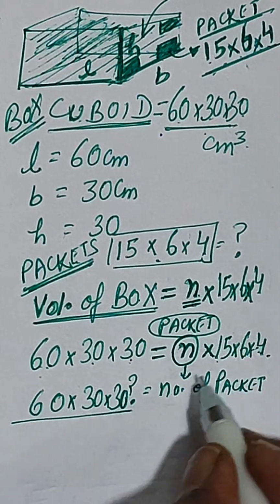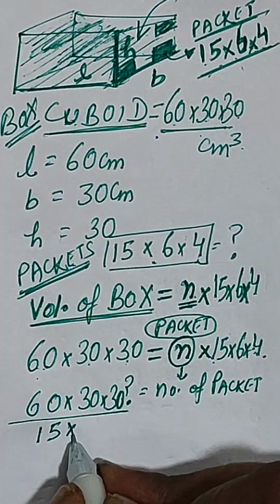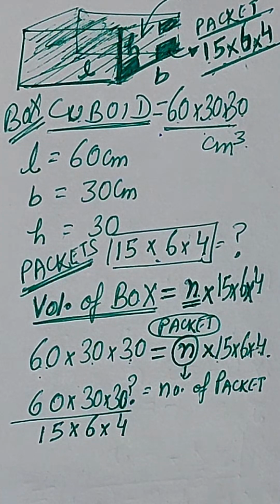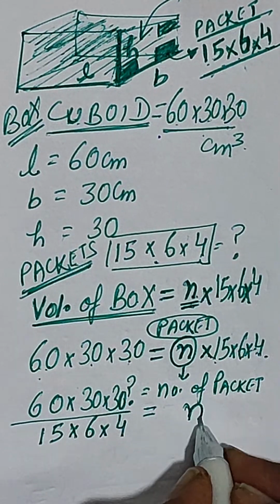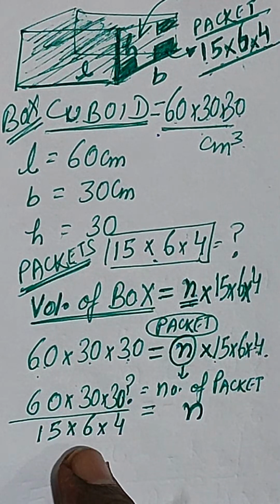This is coming from the RHS to the denominator of the LHS. And this will give you the number of packets, n. And this is your answer.